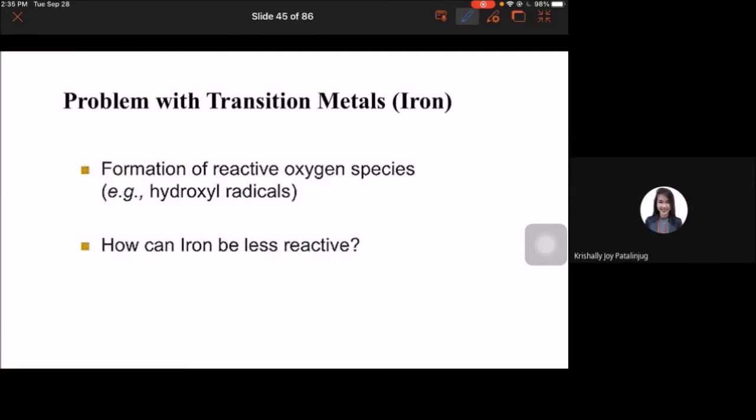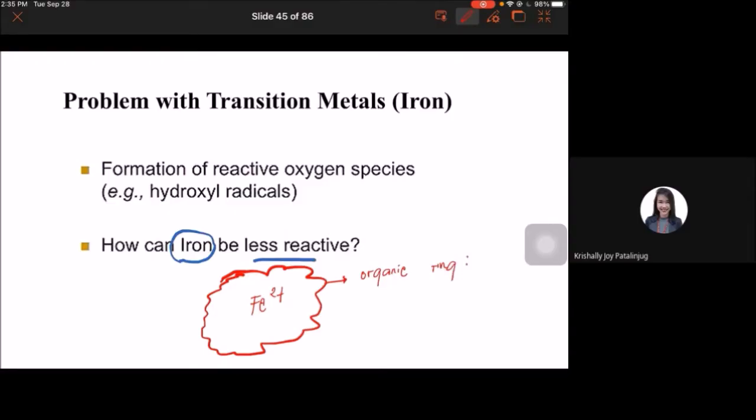So yung tanong ngayon, how can iron be less reactive? Paano natin ma-maintain yung less reactive form niya? So yun na nga, protektahan natin siya ng shield. Isi-shield natin siya, isi-sequester natin si iron. And that shield that I am talking about is actually a specialized organic ring structure.